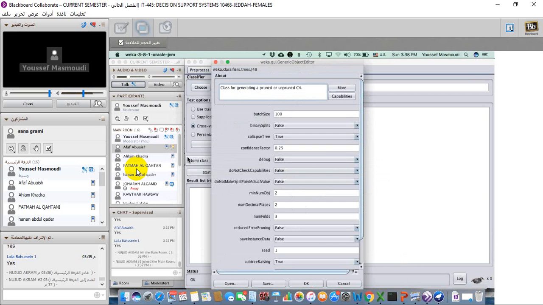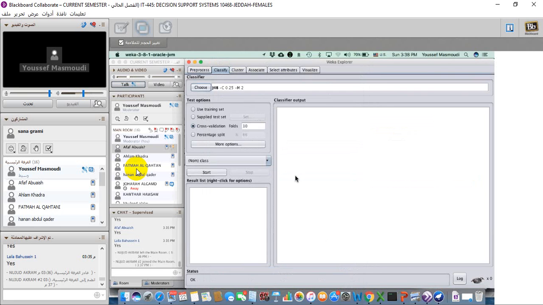If you are familiar with the details of the decision tree algorithm, you can modify these parameters. But we have not gone into the details of the decision tree algorithm, so we will leave the default values. Okay, I will click on cancel. So we choose J48, which is the decision tree algorithm.